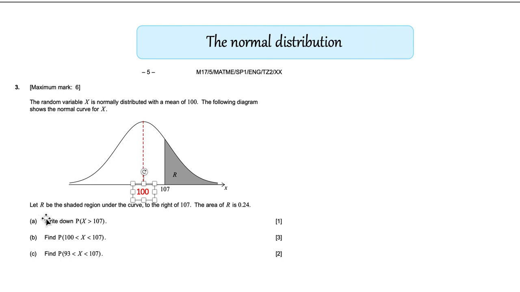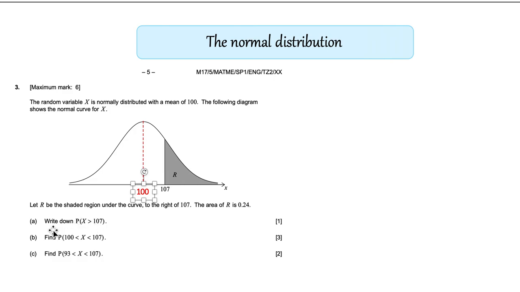So now they tell you, let R be the shaded region under the curve to the right of 107. And then they tell you the area of R is 0.24. So it's basically telling you that the probability of anything above 107 will be R, which is 0.24.